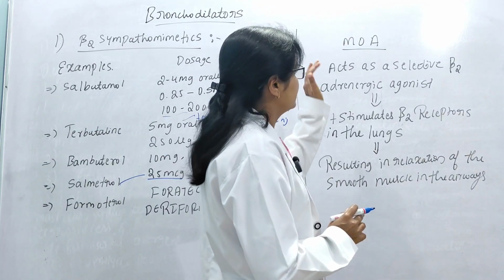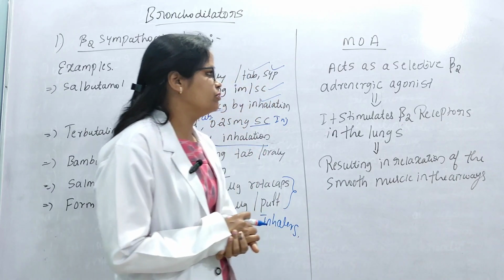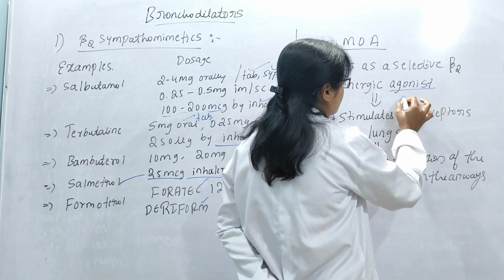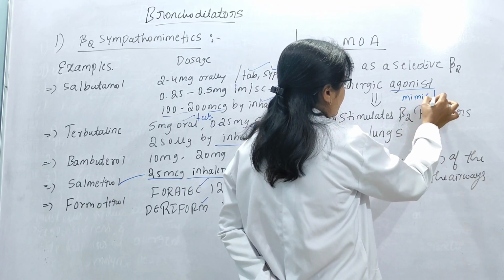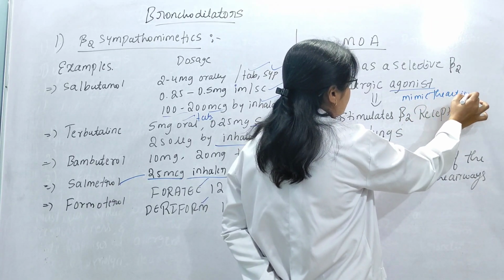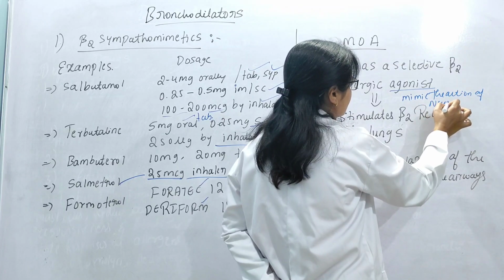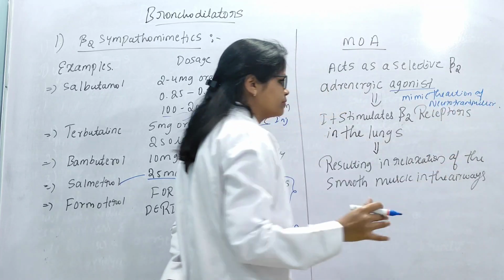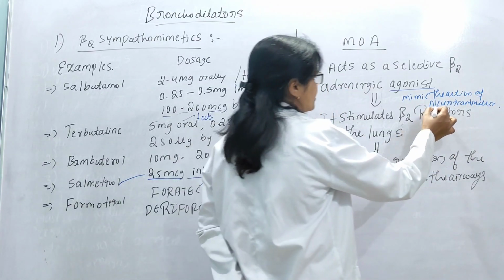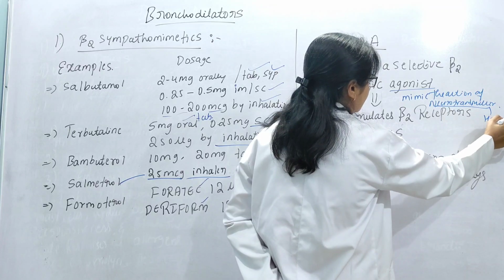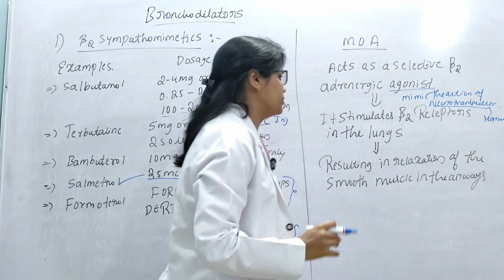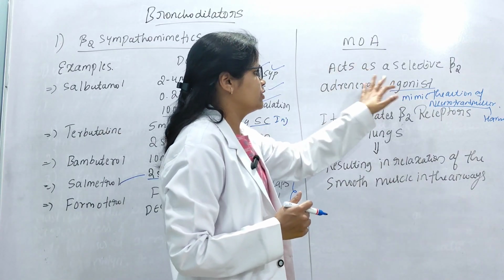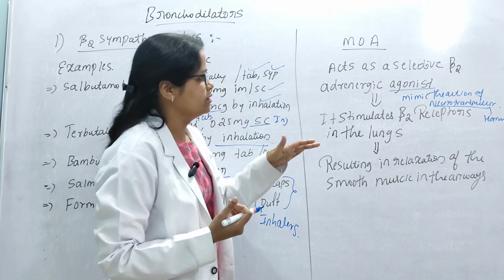These bronchodilators act as selective beta 2 adrenergic agonists. Agonist means these drugs mimic the action of neurotransmitters, and then they stimulate the beta 2 receptors in the lungs.